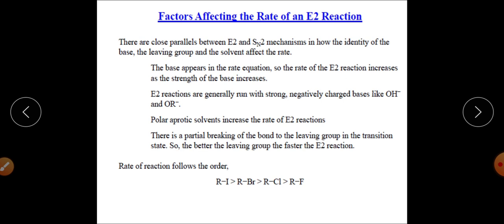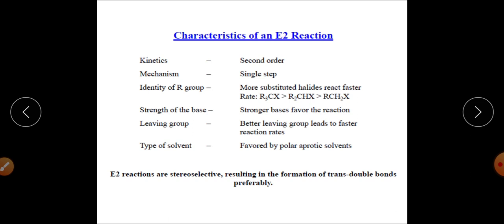So there should be a good leaving group for the E2 reaction to happen. When we talk about the substrate, tertiary will have a higher rate for the E2 reaction compared to secondary, which has a higher rate compared to primary. That is the effect of the structure of the substrate on the rate of the E2 reaction.